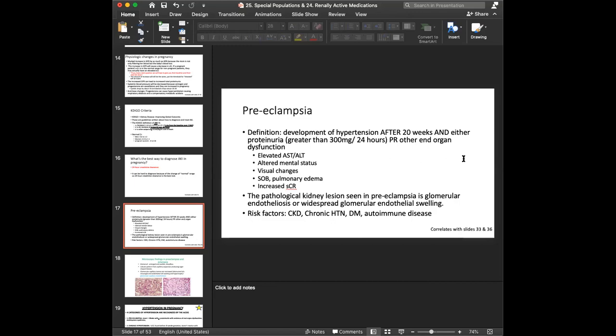And once we get into altered mental status and seizures, then we've switched over to eclampsia. So make sure that you know preeclampsia has that proteinuria greater than 300 and hypertension. Remember, pregnant ladies should have low blood pressure. High blood pressure, not normal.